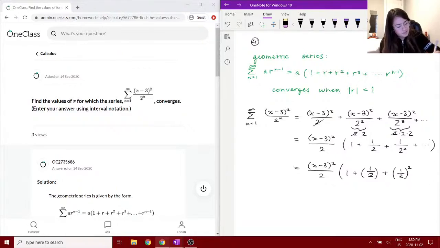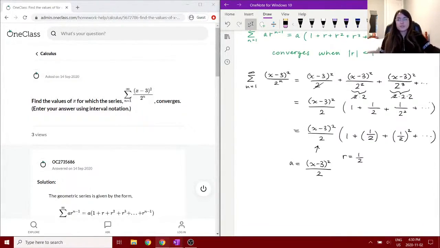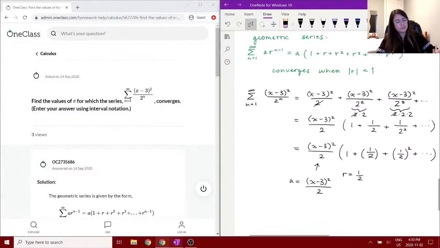All we have to do now is replace 1 over 2 with r, and this first value here with a, and then you'll get the same equation as the geometric series. So we can confirm that our series, the one that is given in the question, will behave the same way as the geometric series.